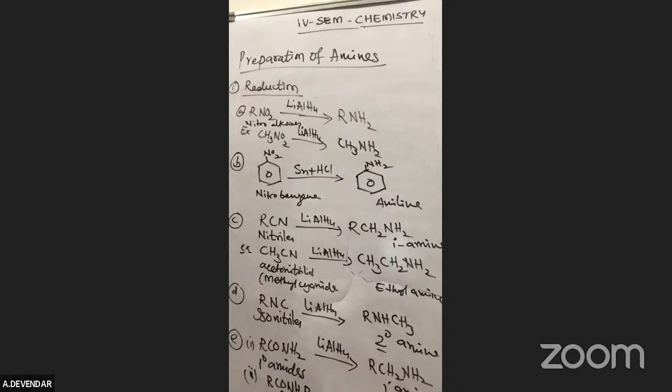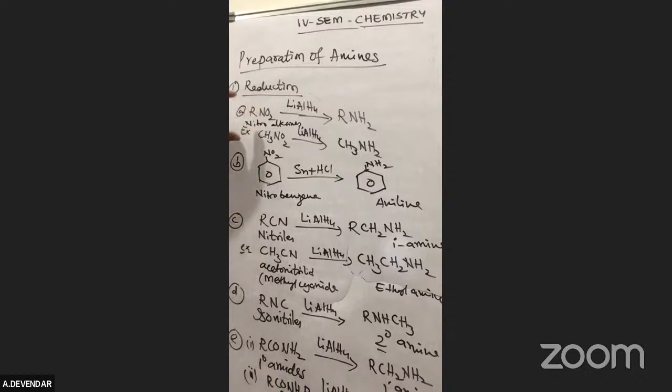When a secondary amide is reduced in the presence of lithium aluminium hydride, you get RCH2NHR, that means a secondary amine is prepared. If it is a tertiary amide, tertiary amines will be prepared. That is the difference from the other reactions.